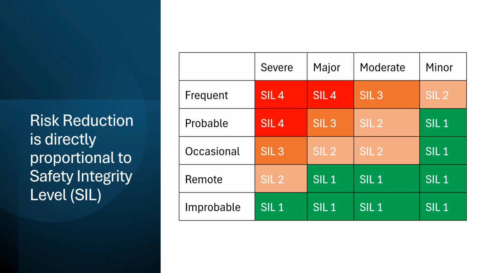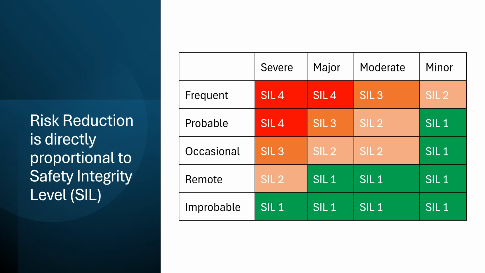If we have a look at this table, if I'm going to be building something where I think that the risk is minor and improbable, then I can use a device that has been certified to be SIL level 1 through an assurance process that's going to generate an object of SIL level 1.